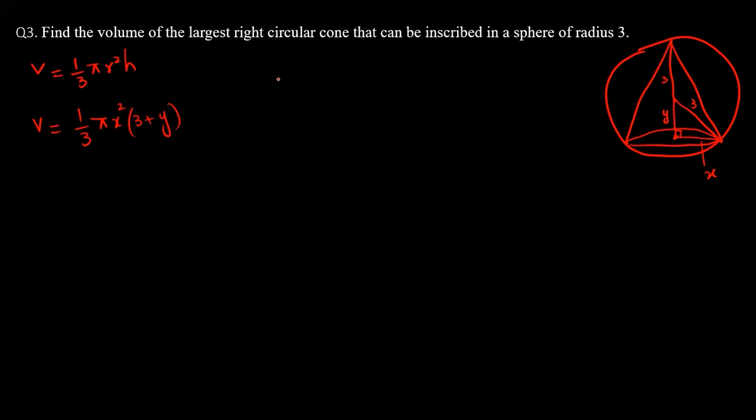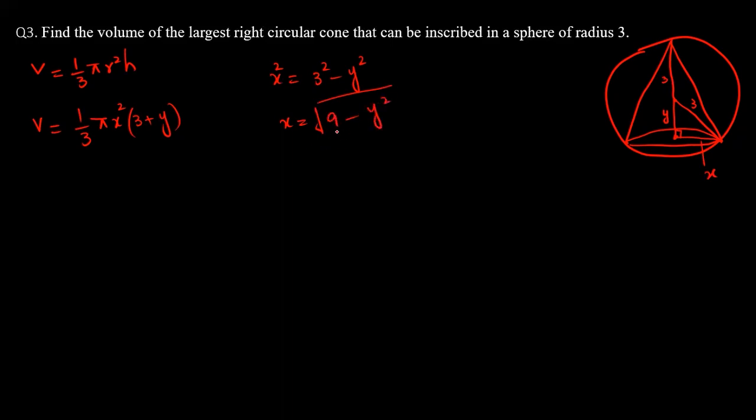So x square is equal to 3 square minus y square. Okay, so this is our x square, and if we want to check the value of x, we can take the square root of 9 minus y square.